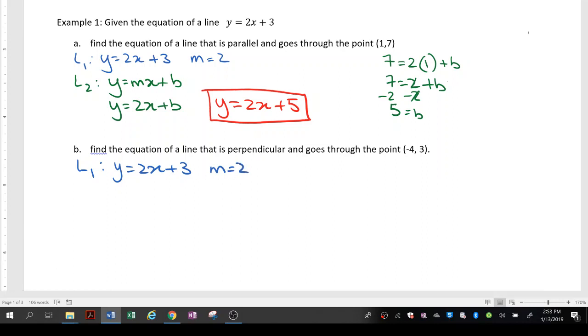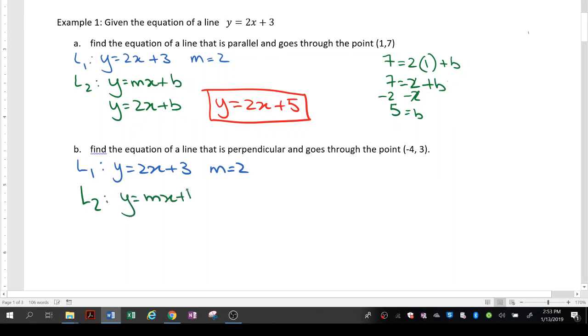So in our second line, we want a line that is perpendicular, and so our value for our slope will be the negative reciprocal of this first slope. So that will give us negative 1 over 2. So we can put that in here. So y is equal to negative 1/2 x plus b.